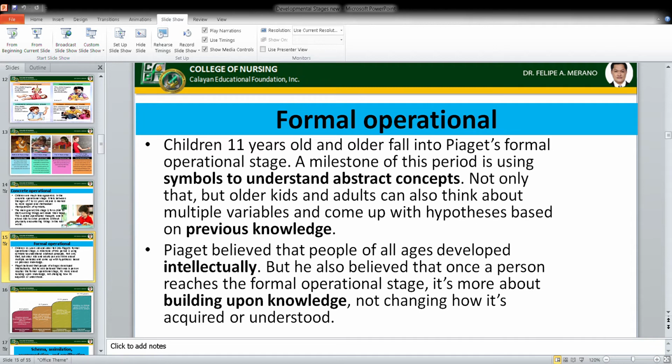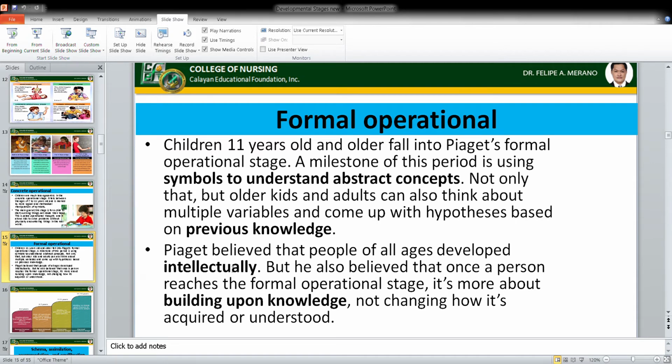So, as a result of this formal operational stage, many people can create things because of previous knowledge. For example, those who invented cell phones nowadays, all of them are based on previous knowledge. They come up to create new things.